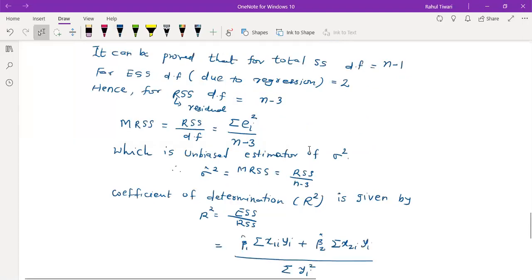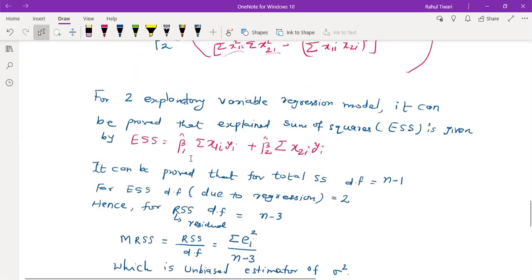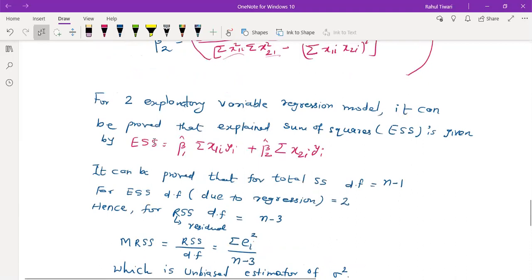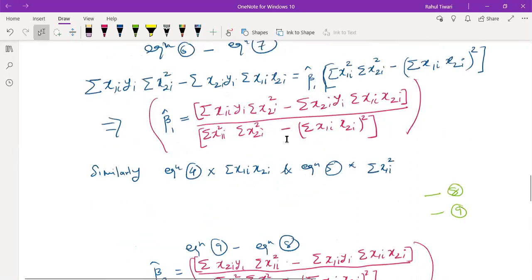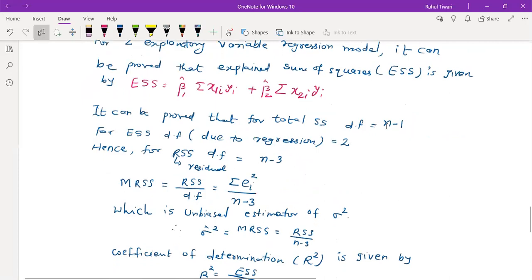So let's recap. This ESS can be obtained. Beta 1 hat we need to calculate using this formula, and summation of x1i yi, beta 2 hat summation x2i yi. Now we know that total degree of freedom is n minus 1.